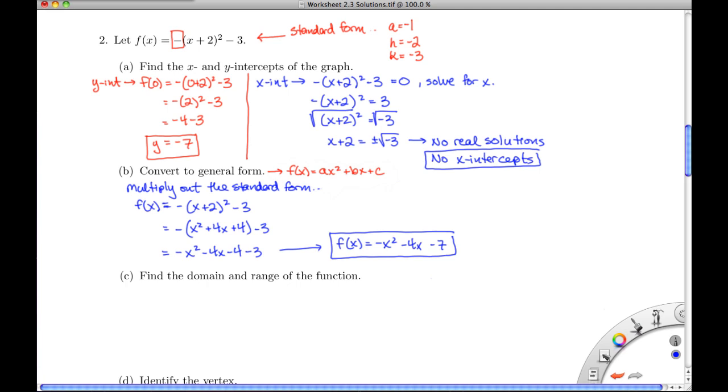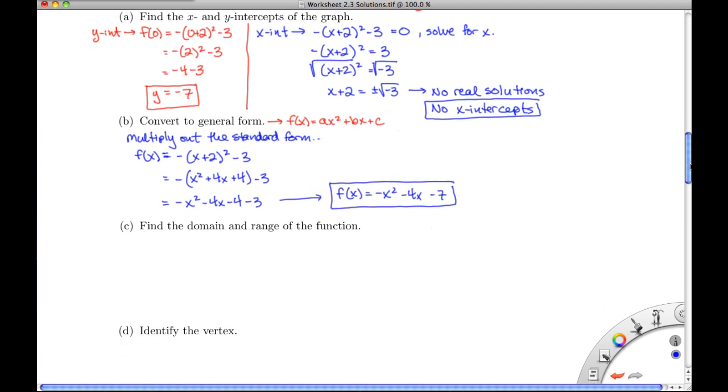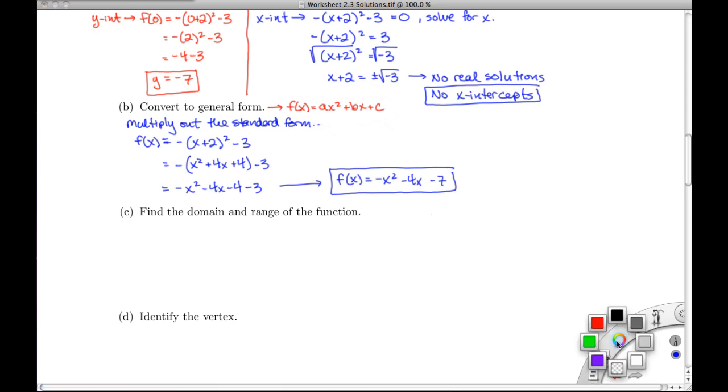Okay, so for part C, we're asked to find the domain and range of the function. Well, one of the nice things about quadratics, which are part of a larger family of functions called polynomials, is that the domain of any quadratic will be all real numbers.